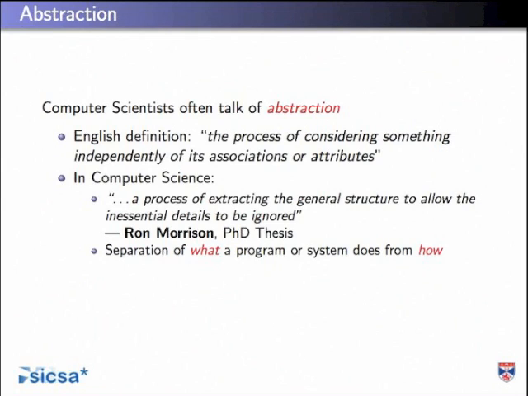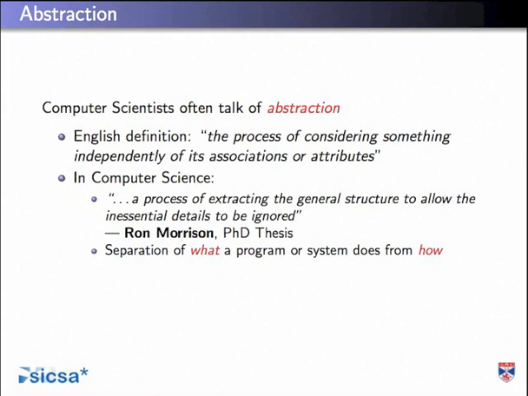So to start, let's talk a little bit about what we mean by languages and abstraction. In computer science, we're always talking about abstraction. As far as normal people are concerned, English speakers, abstraction is, this is the definition I got from the dictionary, the process of considering something independently of its associations or attributes.